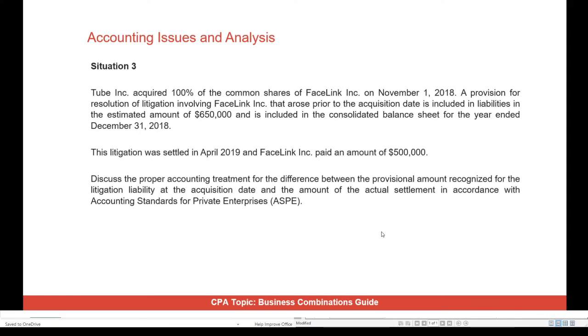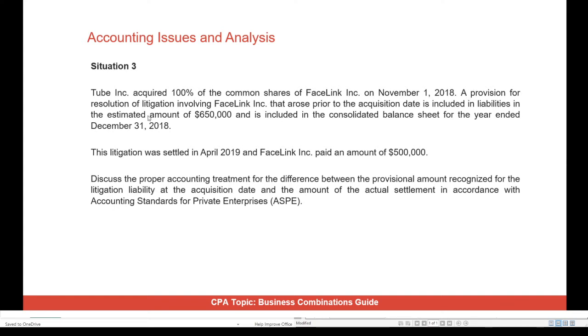Now let's talk about another situation, what could possibly happen, hypothetical. So Tube Inc. acquired 100% of the common shares of FaceLink on November 1st, 2018. Again, you can see Tube Inc. is the acquirer. The acquisition date is November 1st.